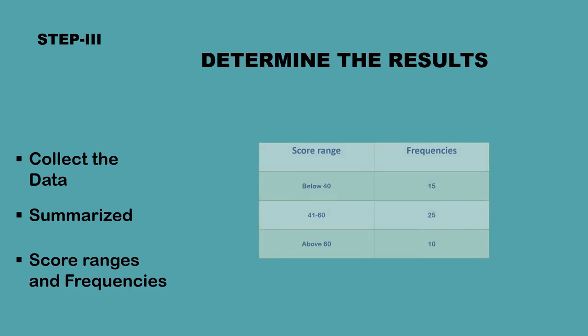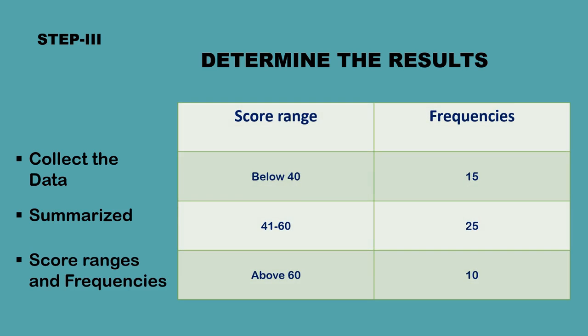For example, let us consider 50 students wrote a test in your class. Their scores are summarized and presented in the form of a table. Score range and frequencies below 40, 41 to 60 and above 60.